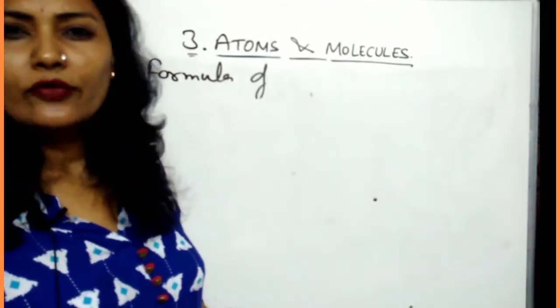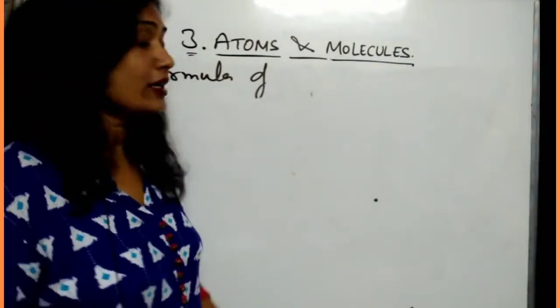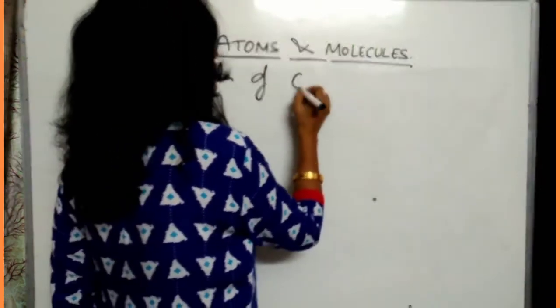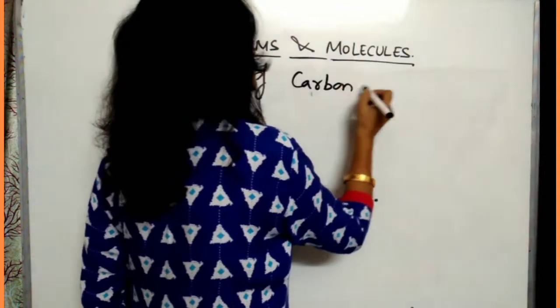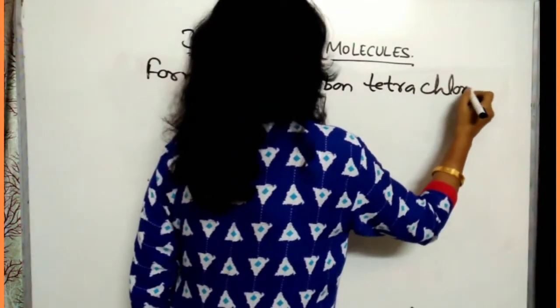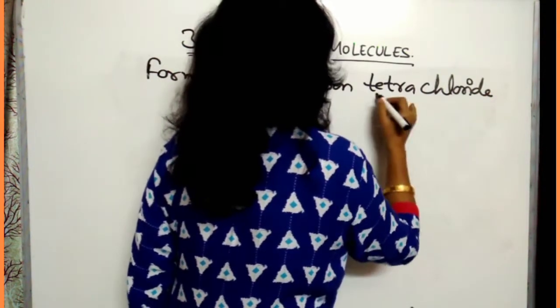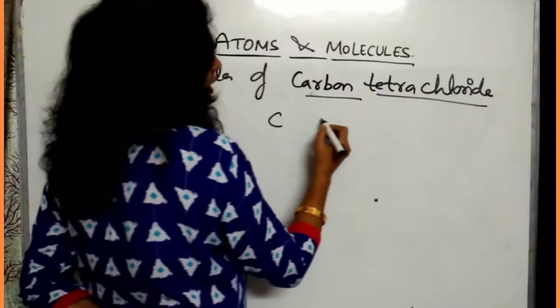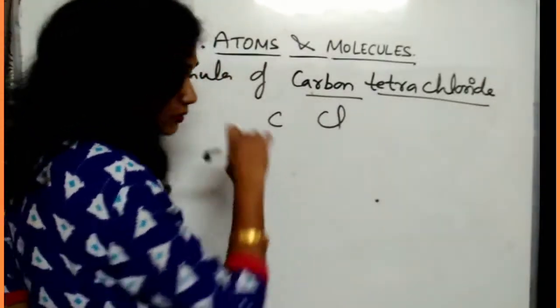Now next we can write the formula of carbon tetrachloride. Tetra means 4, chloride. Carbon tetrachloride: C for carbon and chlorine is Cl.